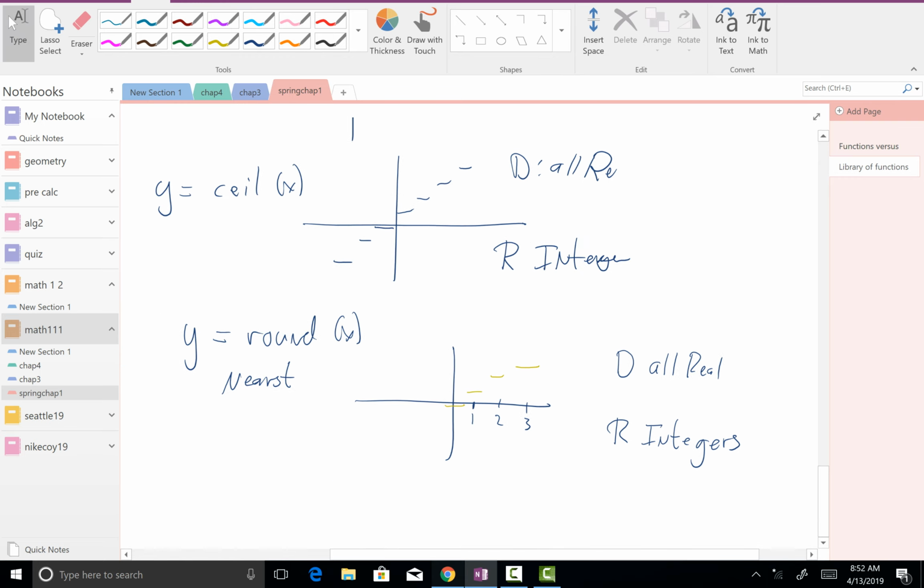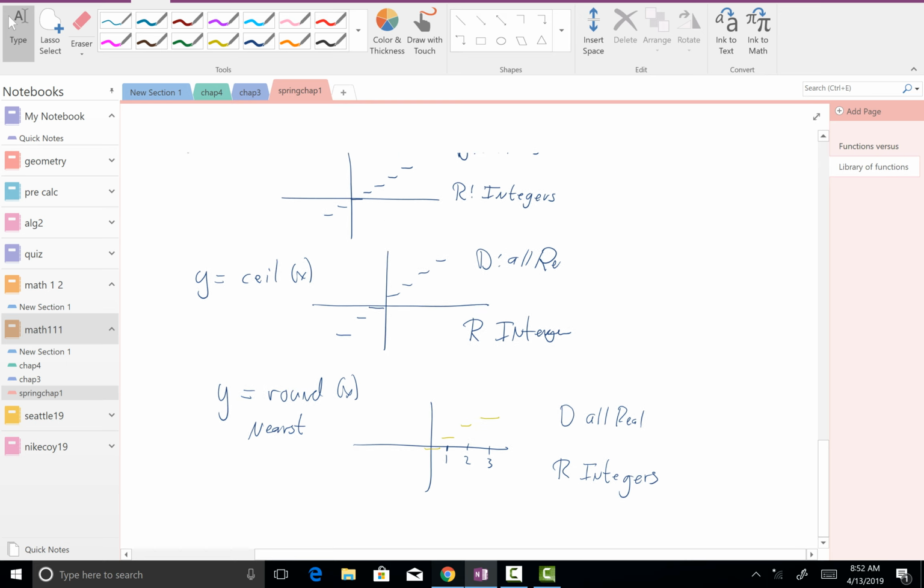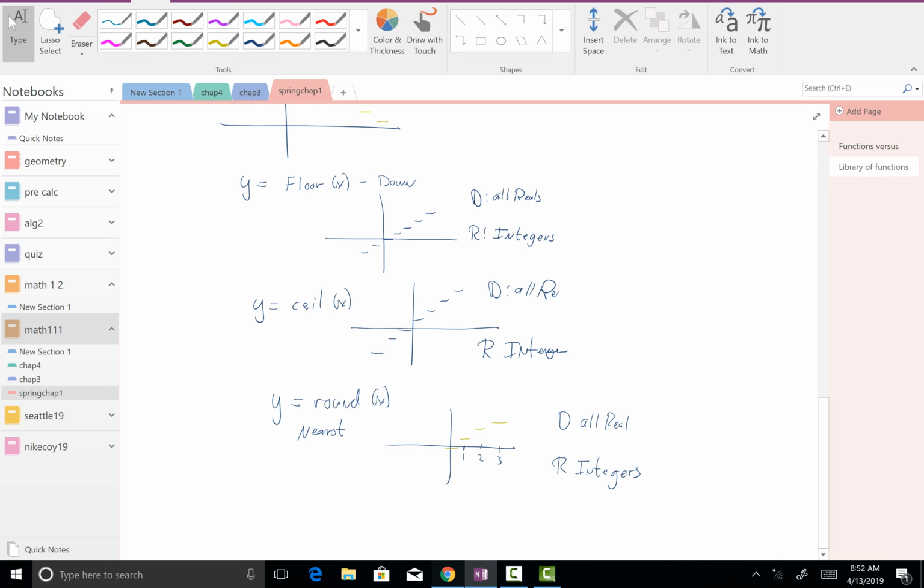Okay. So there's our three rounding functions in decimals, all right?